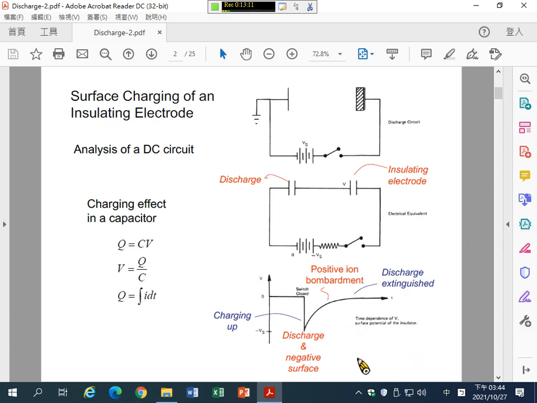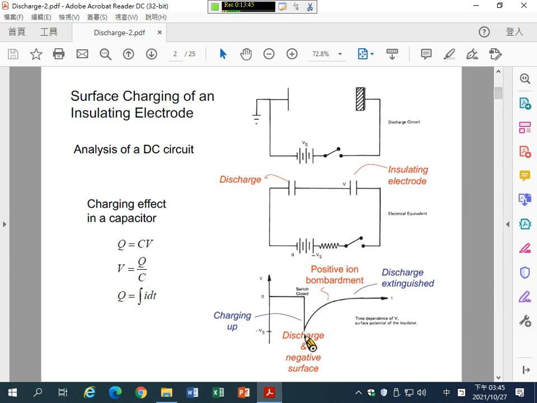And the bottom figure shows the transient voltage curve for this discharge system. Okay. So the horizontal axis is time, and the vertical axis is the voltage on the surface of the insulator. Okay.